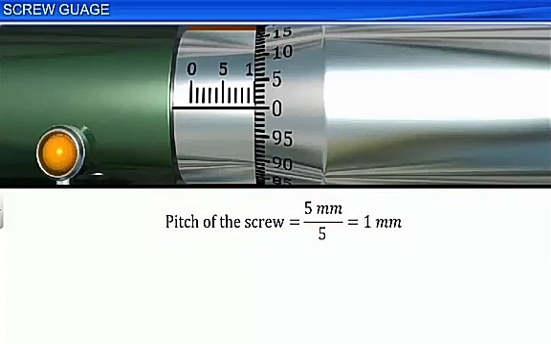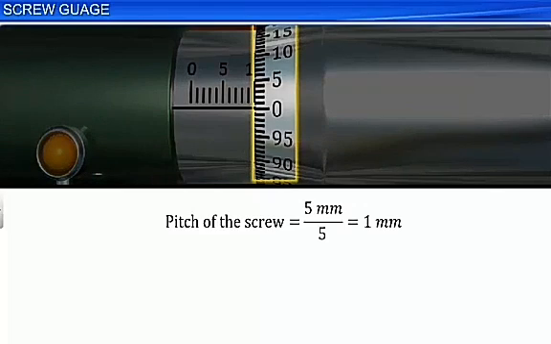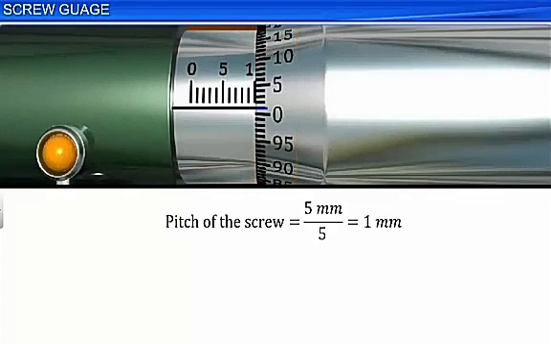You know that least count is the smallest measure that can be made accurately by an instrument. When the head scale is rotated such that only one division on the head scale crosses the index line, the distance travelled by the head scale along the index line is called the least count.